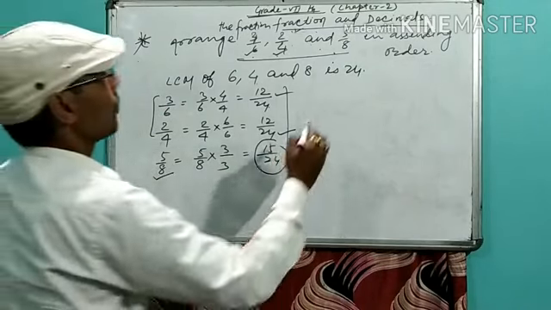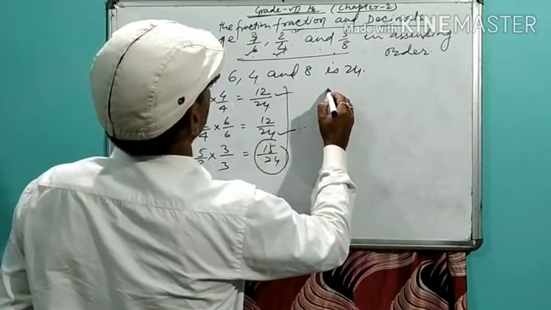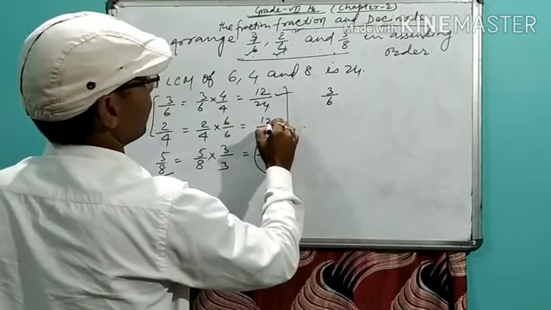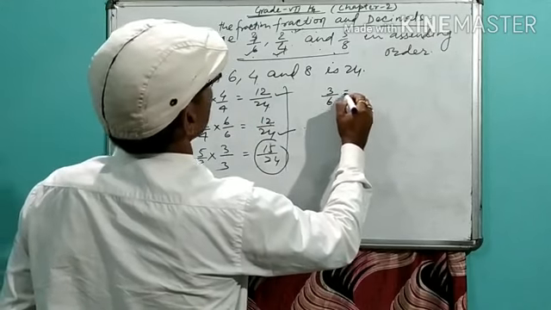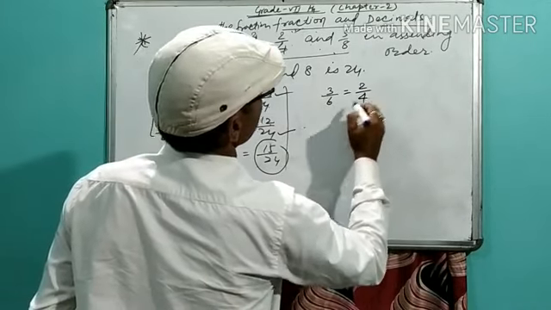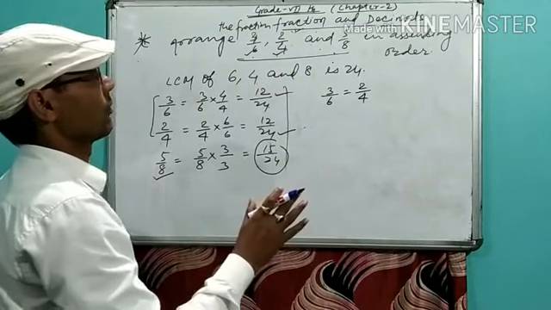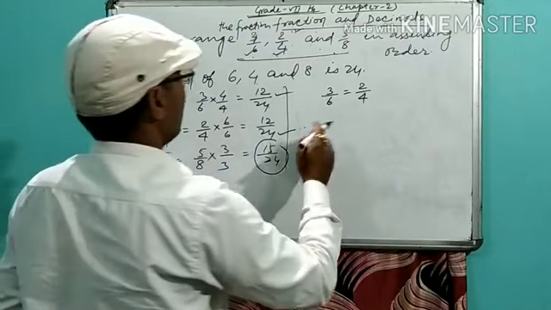Yes, you can write it like 3 by 6. These two are equal. 3 by 6 is equal to 2 by 4. Without calculation, I have taken such a question.